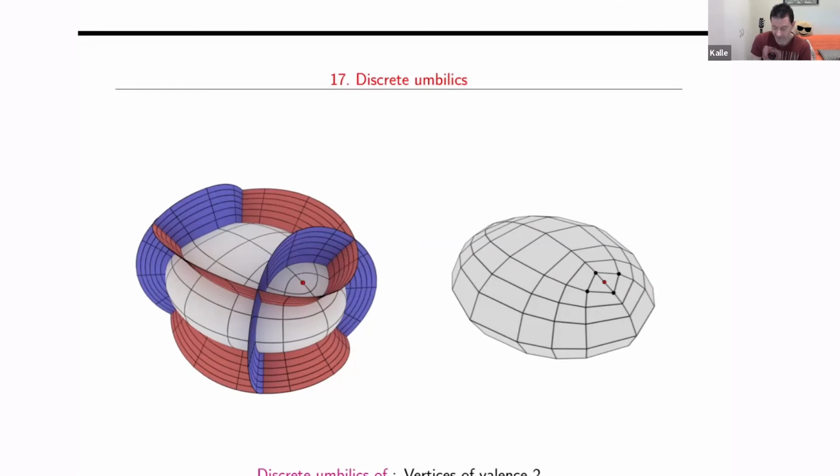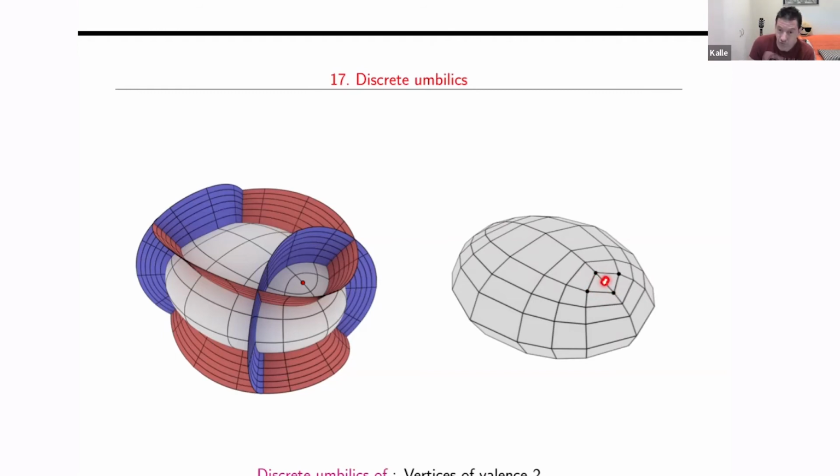And then if you look at the discrete version of this discrete ellipsoid, you can see something here. There's a point here. Now you wonder what that point is. Well, actually, you think, well, this here is not a quadrilateral, so you're cheating. Well, it is a quadrilateral. There just happens to be two edges which are aligned. There's actually a vertex here. So this is a quadrilateral. But you can see the valence here is 2.